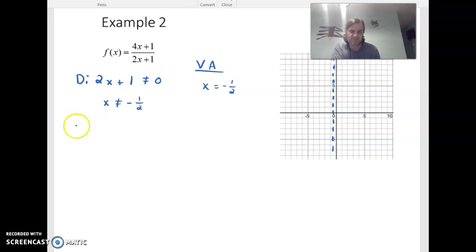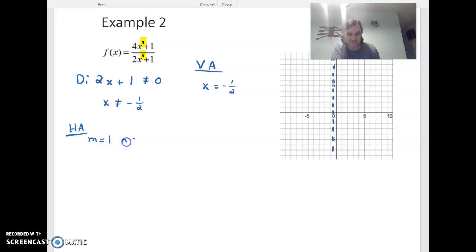And then I'm going to look for my horizontal asymptotes. So remember, horizontal asymptotes come from the exponent in the numerator and denominator. So up top I have 4x, which must be to the first. Understood. On the bottom I have 2x, which must be to the first. So looking back at our notes, my top exponent is m, which is 1.